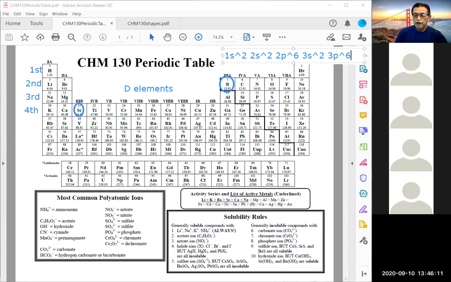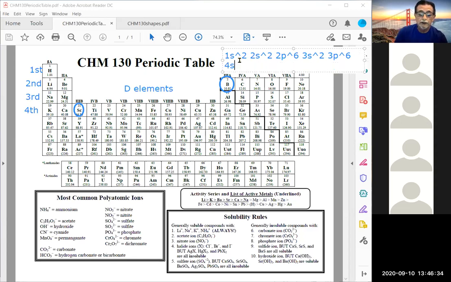But be familiar, at least right now, with the first 20, okay? And if we went around, guess where we're at? We stopped at argon, okay? All right, let's go around the horn, potassium, number 19. It's in the 4th period. It's an S element, right?